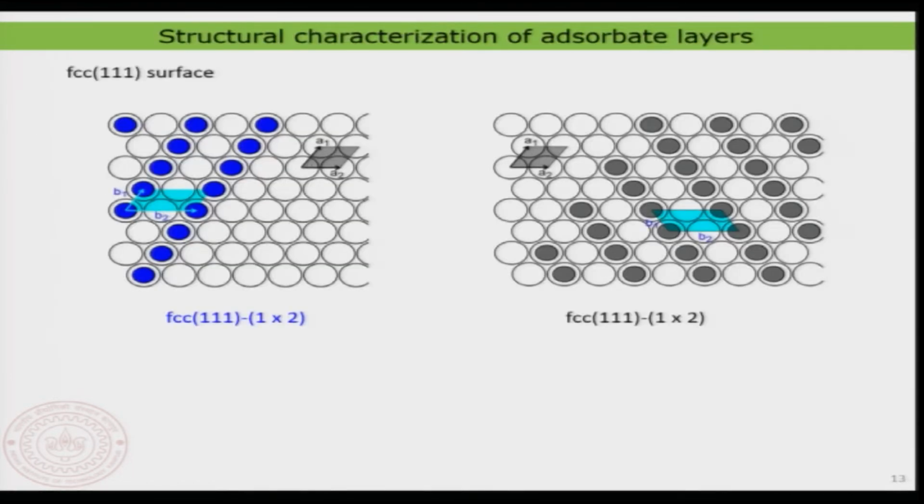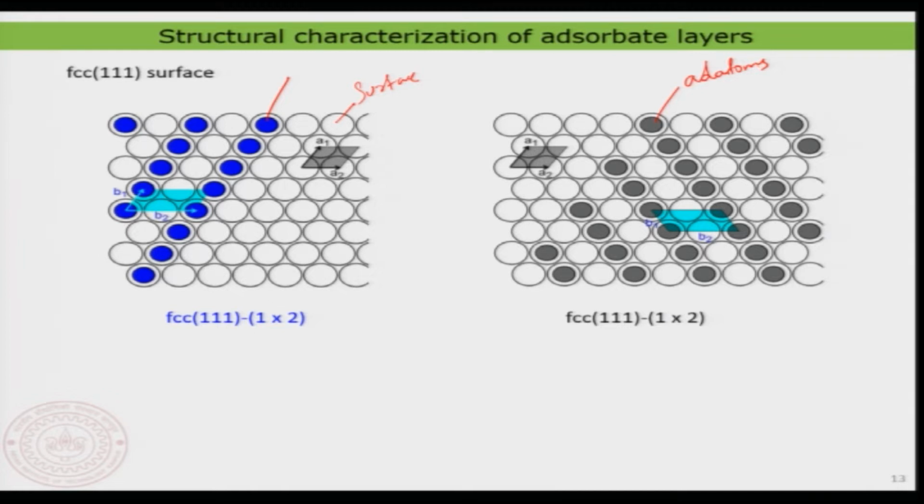So, now let us look at the metric notation, but before that let me show you these two examples. This is an FCC 111 surface, where this is the surface atom and the blue or gray atoms are the adatoms, or the Adlayer in general.